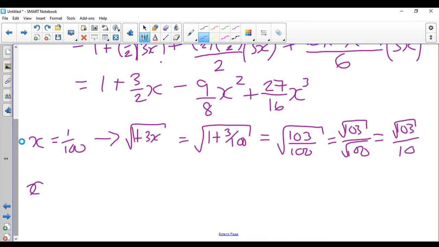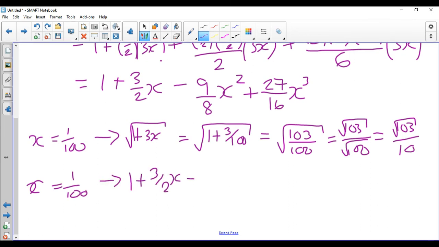And I'm going to put it this time into my 1 plus 3 over 2x minus 9 over 8x squared. So I put that one in a bracket. Plus 27 over 16x cubed. Now, if I put that in my calculator, now this isn't a show that, and this would be the bit that I haven't worked out, so give me a second. 1 plus 3 over 2 lots of 0.01.